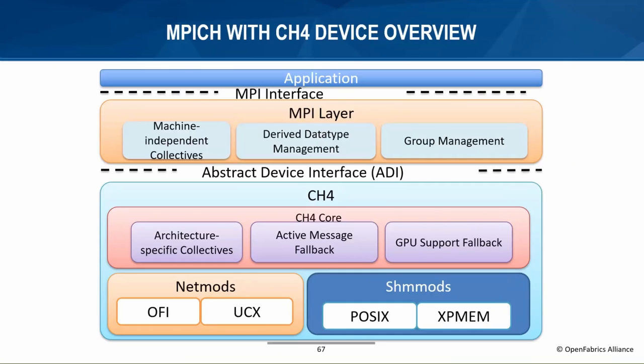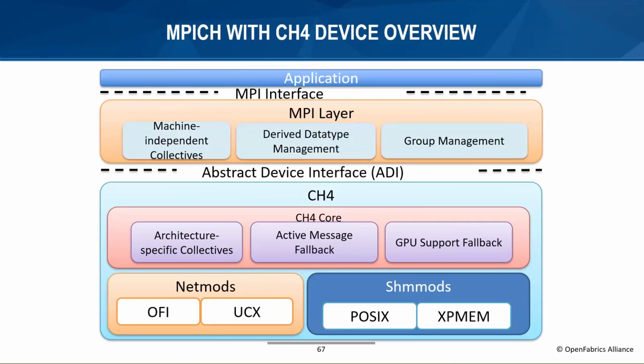Only in the case where some functionality is not provided by the network library do we go to the fallback route. With libfabric, we have specific capability sets based on which provider is being used.